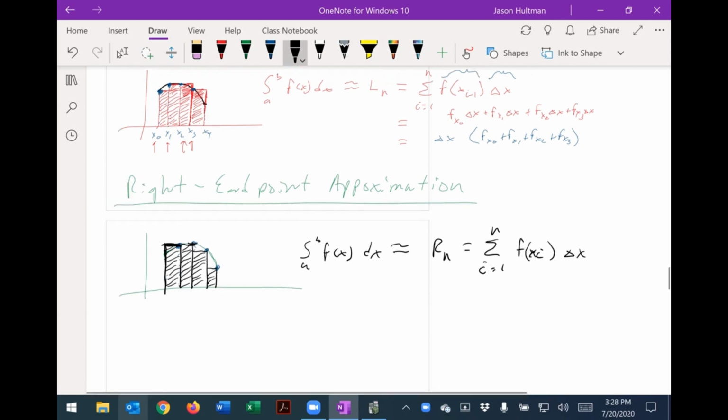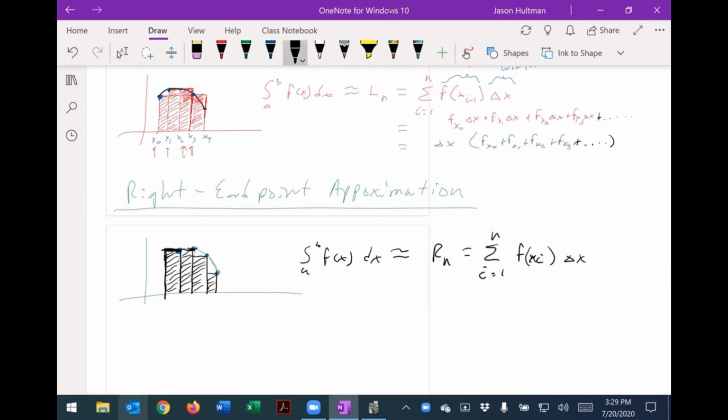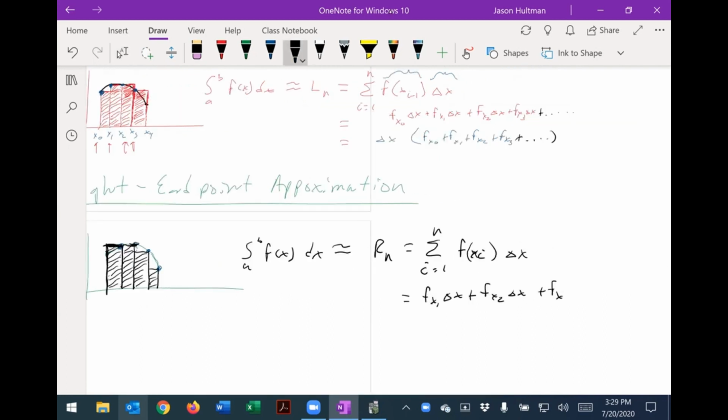And I could do dot dot dots here if I wanted to. So again, we're going to start with f of x sub 1 this time. This is equal to f of x sub 1 times delta x plus f of x sub 2 times delta x plus f of x sub 3 delta x plus f of x sub 4 delta x plus dot dot dot.